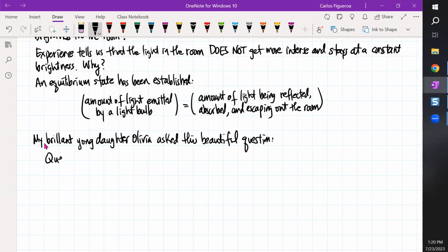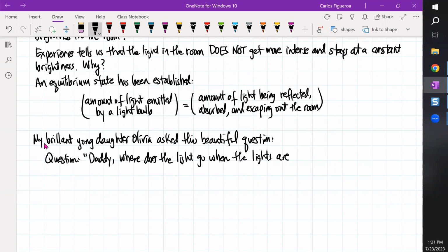And here was her question. Daddy, where does the light go when the lights are turned off?